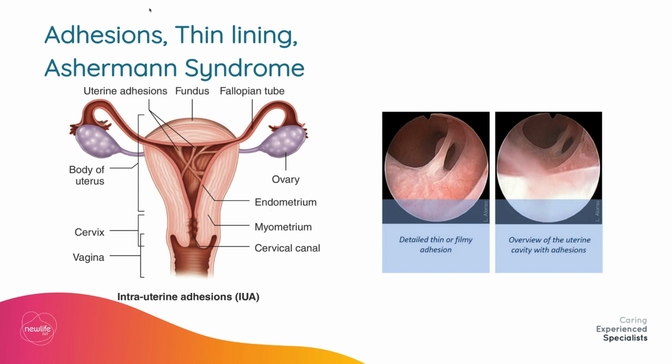There are quite a few different strategies, but there are some people, unfortunately, where the damage and scarring to their lining is so significant that it's not possible to fix that problem. Asherman Syndrome is a name encompassing adhesions and a thin lining. So it's not necessarily anything different. It's just a general term to imply that there's scarring and a thin lining in the uterus.